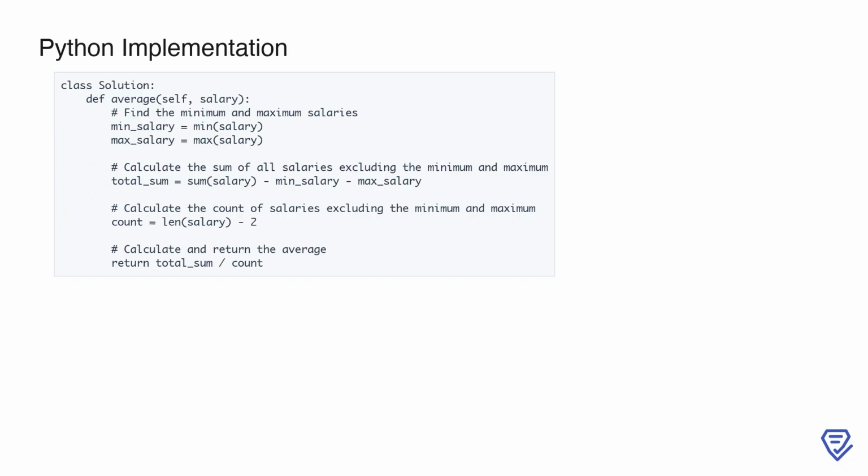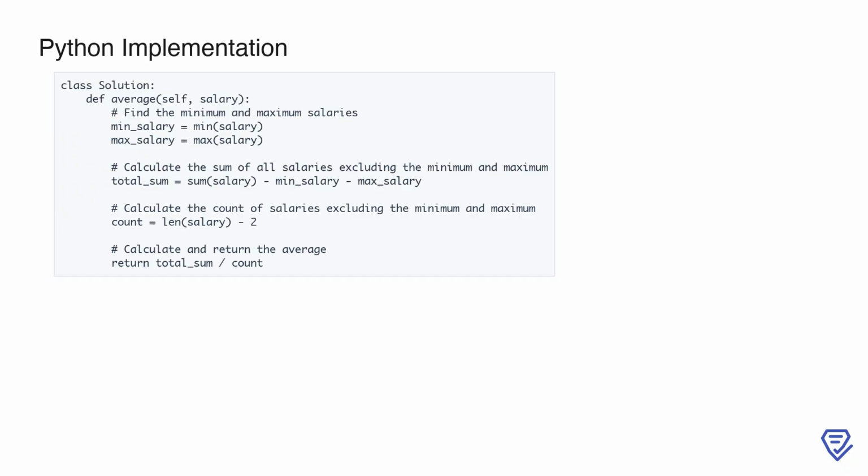Since the input guarantees at least 3 salaries, the count of remaining salaries is simply len(salary) minus 2, the total number of salaries minus the 2 excluded values. 5. Finally, we calculate the average by dividing the adjusted sum, total_sum, by the count of remaining salaries, count. The result is returned as the output of the method.